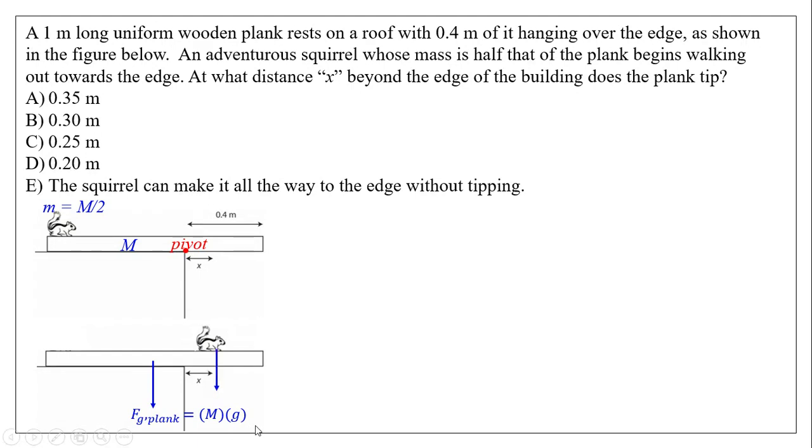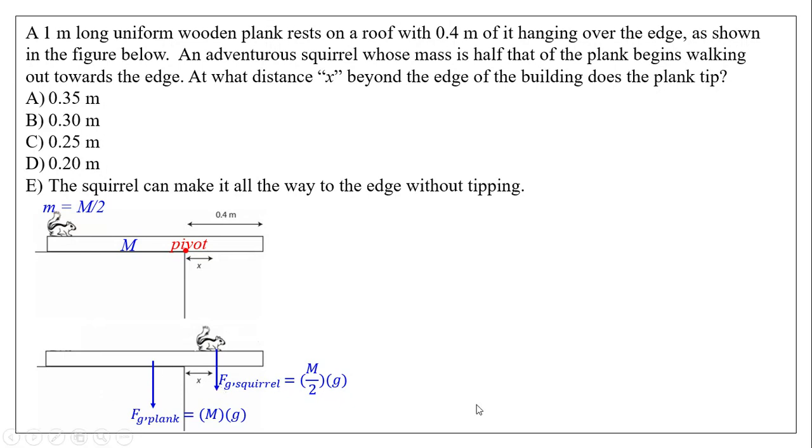And then this is the F of G for the squirrel, so I'm going to call that FG squirrel, and that is the mass of the plank divided by 2, because that's the mass of the squirrel, times G. If you visualize it relative to the pivot where my cursor is, if you pull down with the weight of the plank, the system will want to rotate counterclockwise. If you pull down with the weight of the squirrel, the system will rotate clockwise. So here we have a balancing act, where counterclockwise and clockwise are equal.